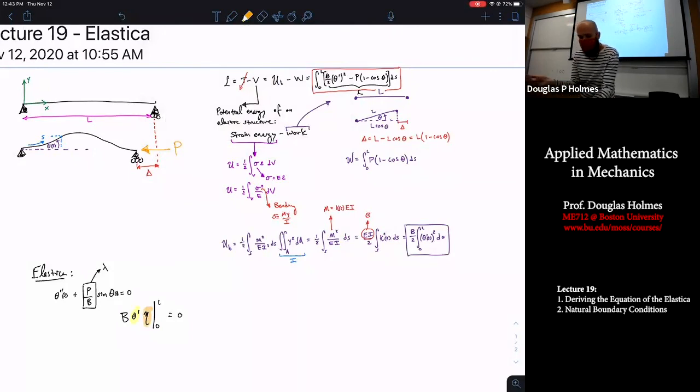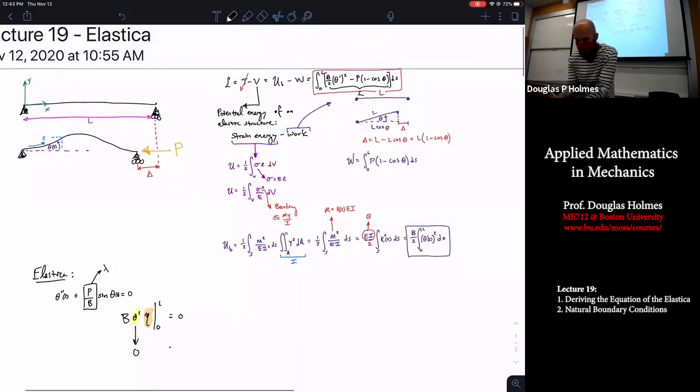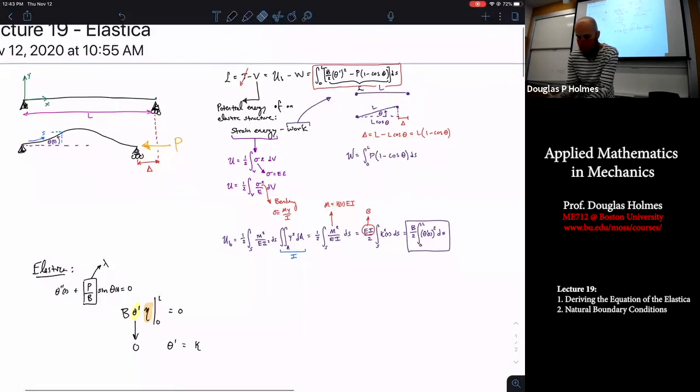It tells us that one option is that this quantity could be 0. What does that mean if that quantity is 0? Well, that quantity is theta prime, which is equal to kappa. Actually, let me write this out a little more clearly.